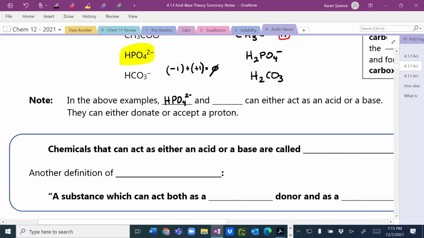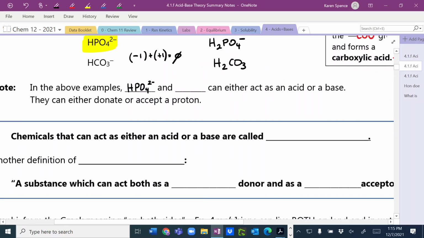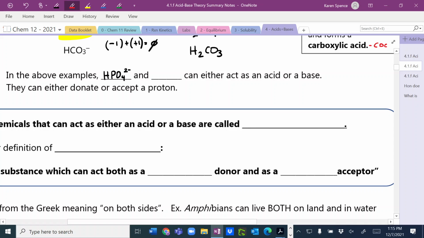So chemicals that can act as either an acid or a base are amphi, meaning both. They can either donate a proton or accept a proton, so they are amphiprotic. It's the same root probably as ambidextrous; it's changed a little over time from amphi to ambi, but if you're ambidextrous, you can use both hands.